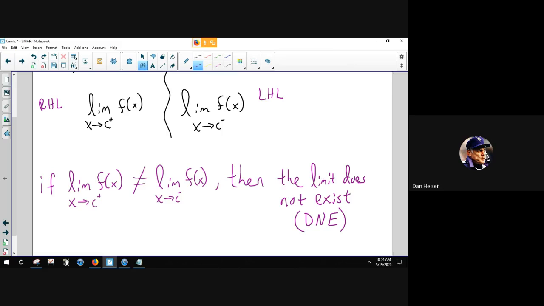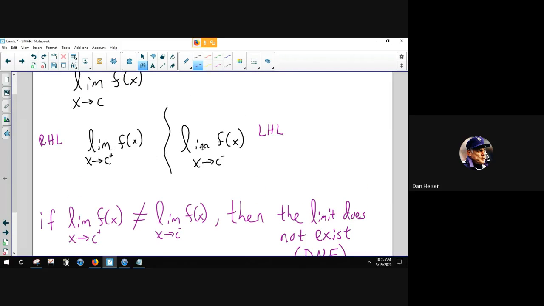When they don't agree, we say nobody wins and there is no limit. Now, let's not confuse this too much. Let's not say that, well, if these aren't equal, then there's no limit, period. There's still a right-hand limit. There is still a left-hand limit, but there is no function limit.